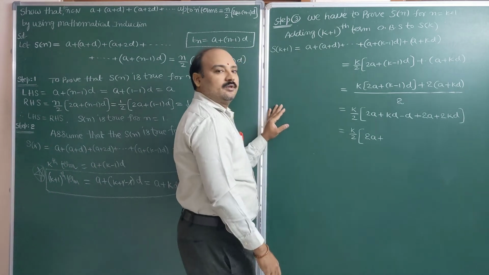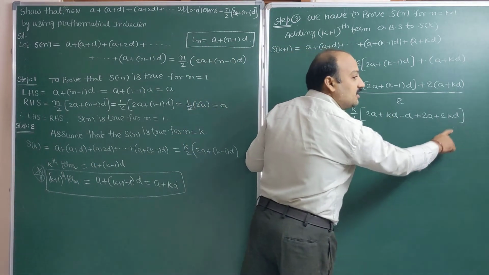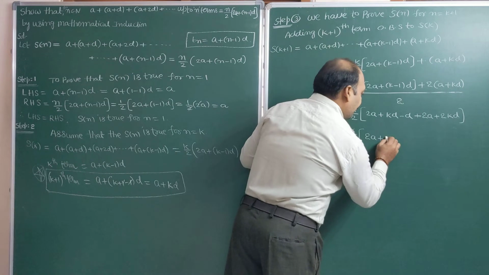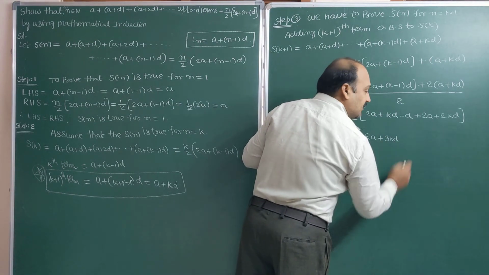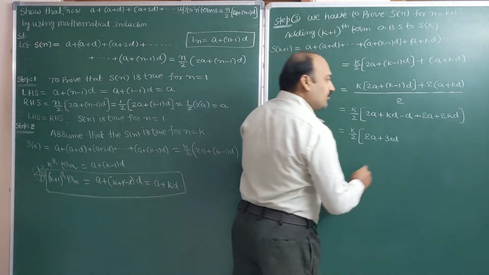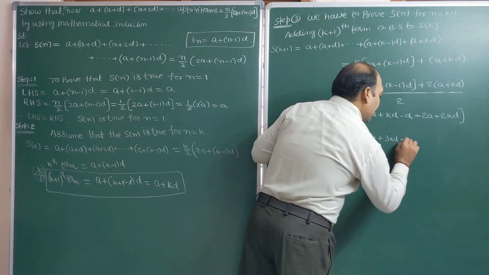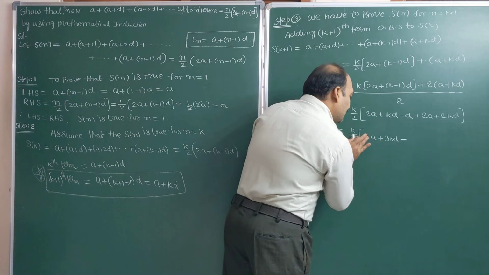So total kd plus 2kd, 3kd will come. Next, here also 2a plus 2a is 4a.